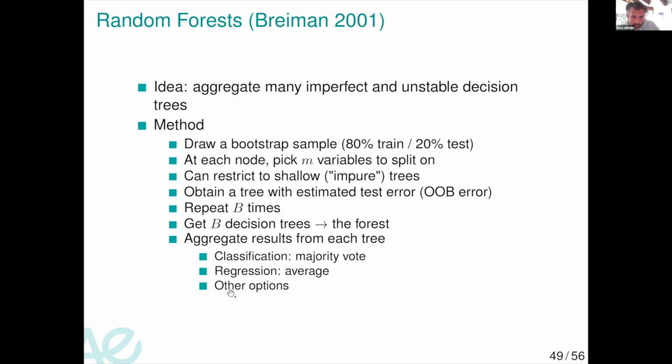For regression, you perform the average. There are a lot of other options, for example, weighting the results of each tree by its performance on the out-of-bag error. But here we will deal with a really simple one that is efficient.